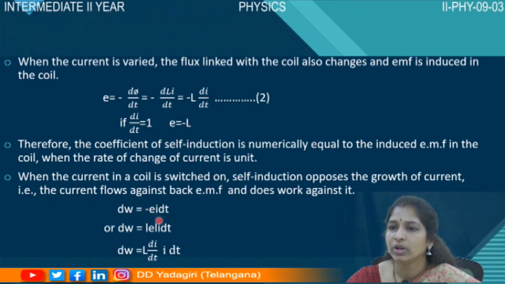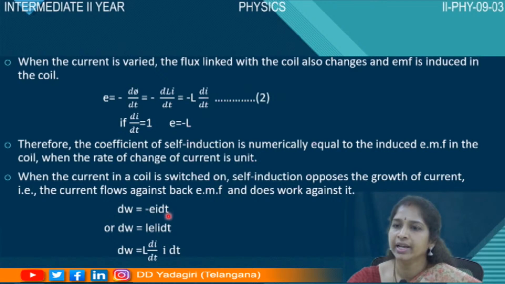In order to increase the current by a small amount, a small amount of work is done. But to increase the current to its maximum value, a large amount of work is done. That can be obtained by integrating this equation.